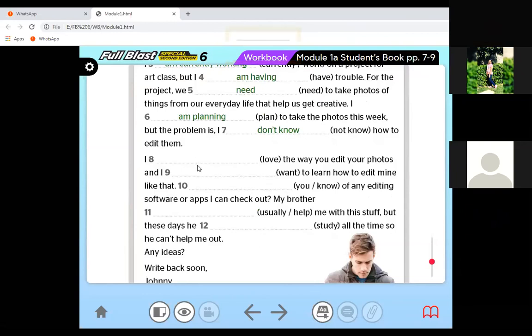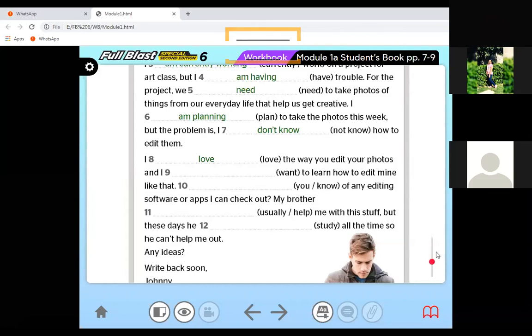So it will remain as it is. It will be present simple. Judy, love or am loving? Love. Excellent. It will remain as it is. It will be love. And I want to learn how to edit mine.